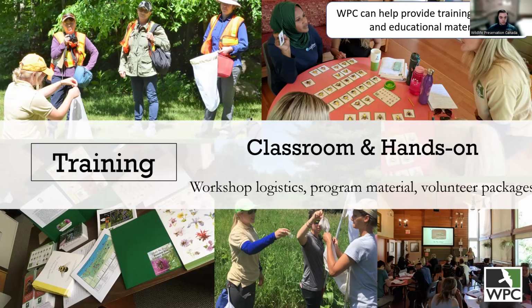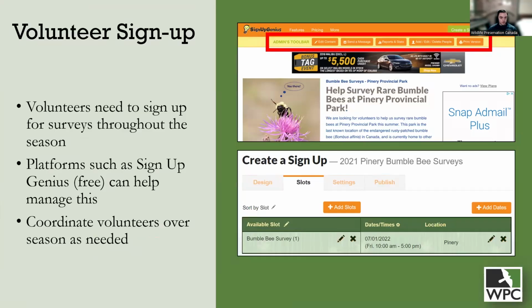Volunteers will sign up for this workshop on an online platform or however you want to advertise it. We use Sign Up Genius or similar programs. And then they would come, be trained on the volunteer duties and the survey methods. And then throughout the course of the season, they might sign up for independent bumblebee surveys through another sign up that you provide to them.